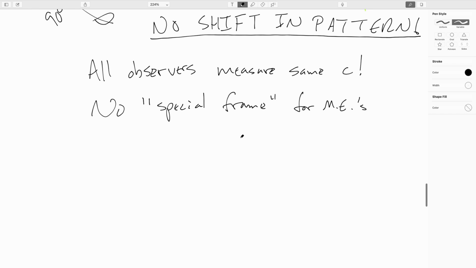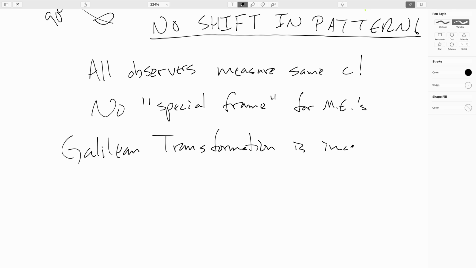And we found that there was no special frame. So this means that we're going to have to modify the Galilean transformations. You'll need modification.